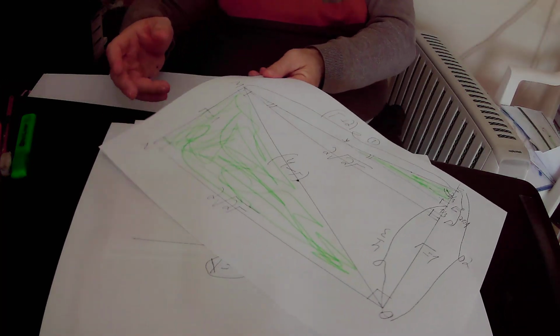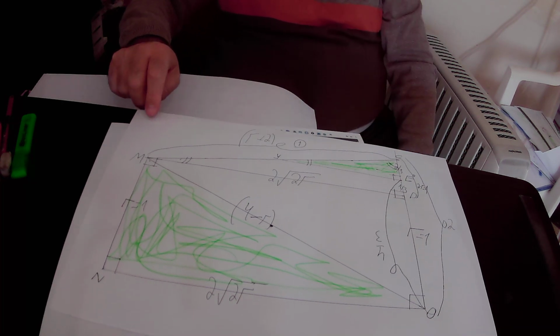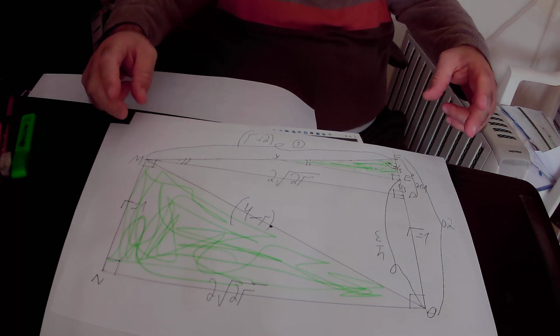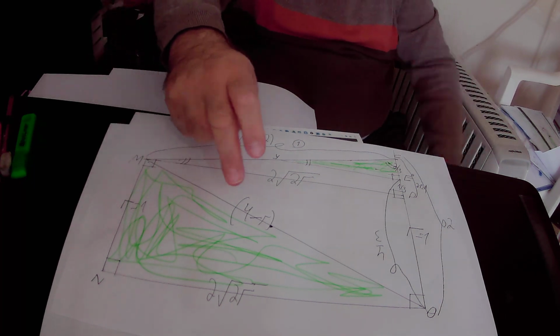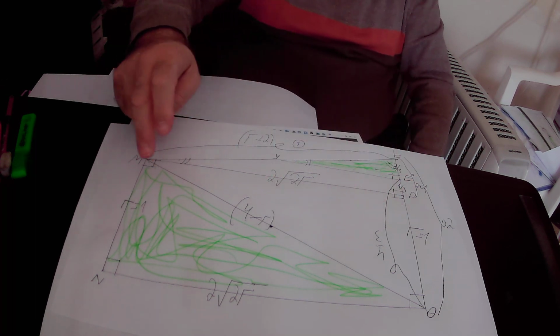It equals 90 degrees. Okay, so this angle is a right angle. It equals 90 degrees. So as you can see from the drawing, all four angles of quadrilateral MDON are right angles.